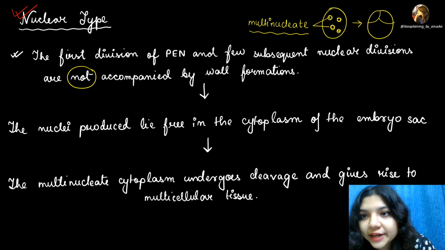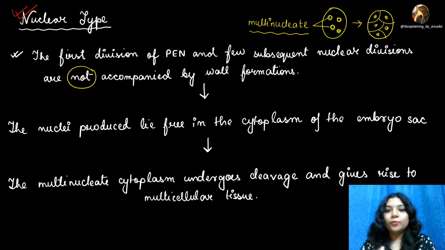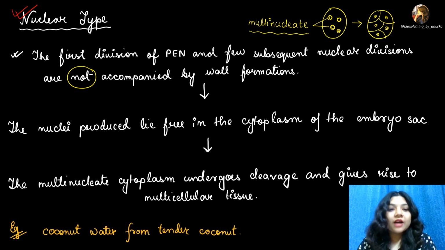It will now look like this, right? That is, each of the nuclei now has proper compartmentalization. Understandable? I hope yes. So for example, we have here coconut water from tender coconut, the example which we've just taken, right? So this is about the nuclear type.